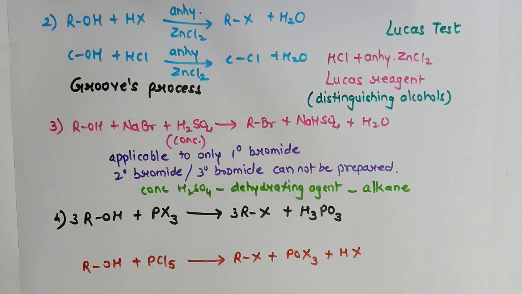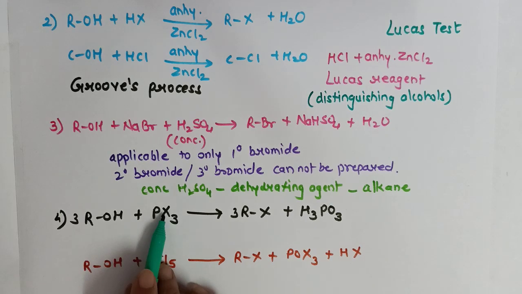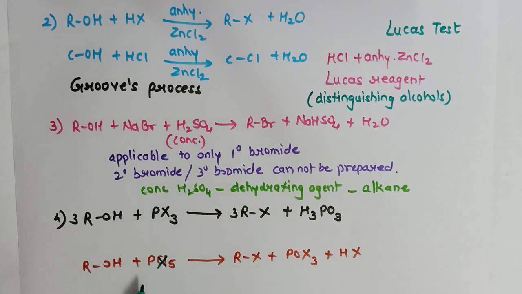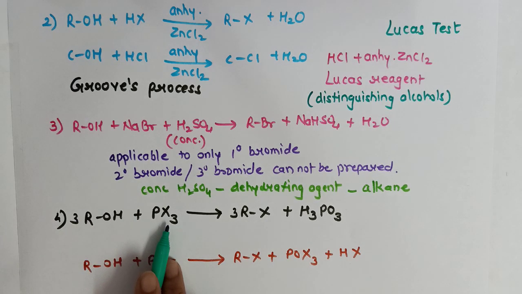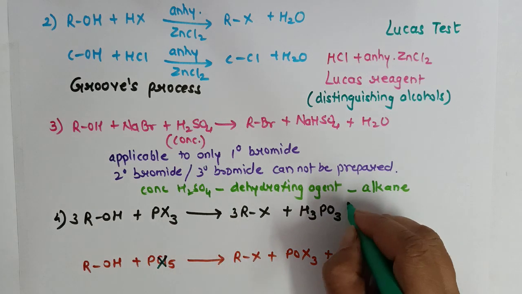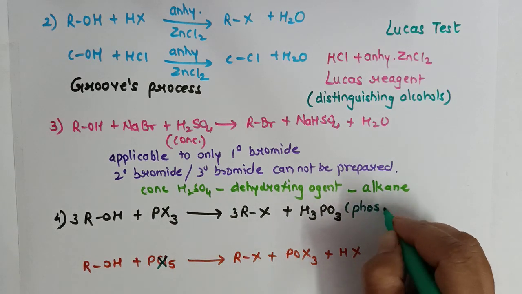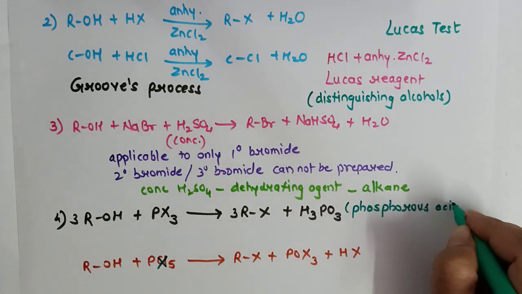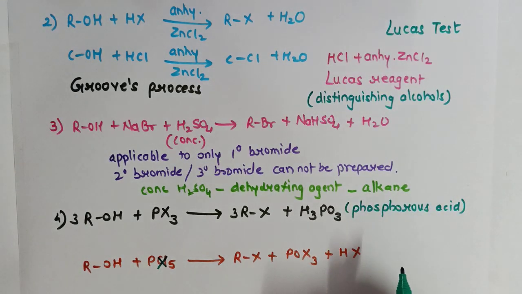The next method involves treatment with phosphorus halides, either phosphorus trihalide or phosphorus pentahalide. Alcohol, if it is treated with phosphorus trihalide, will give haloalkane and phosphorus acid. Phosphorus acid we are going to study in detail in the chapter P block elements in group 15.